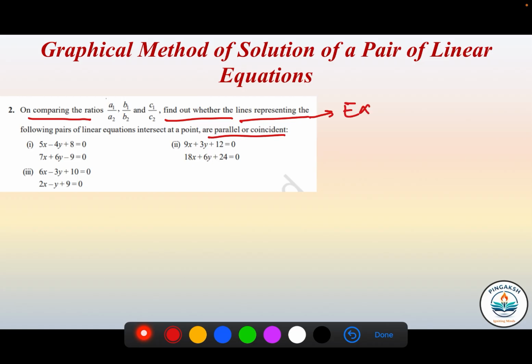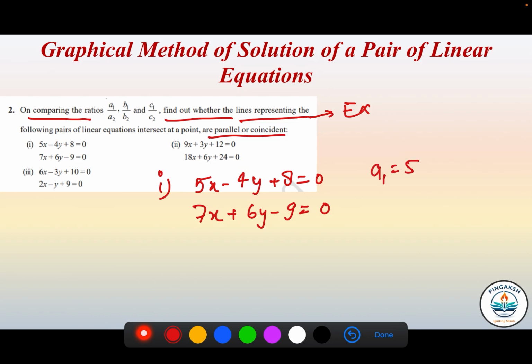So what we have to do is tell whether they are parallel, coincident or intersecting. Take the first equation, 5x minus 4y plus 8 equal to 0, and 7x plus 6y minus 9 equal to 0. Here a1 is equal to 5, b1 is equal to minus 4, and c1 is equal to 8. Again, a2 is equal to 7, b2 is equal to 6, and c2 is equal to minus 9.